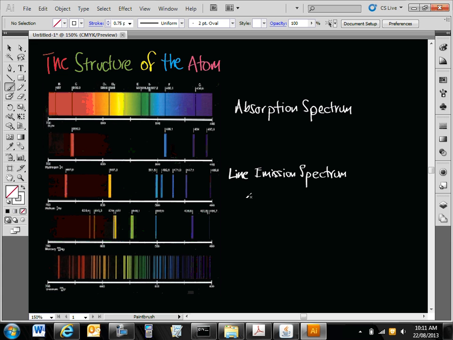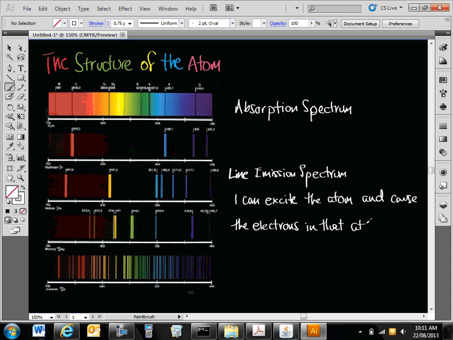And so what I might do to get a line emission spectrum is excite the atom and cause the electrons in that atom to lose energy in the form of a photon.